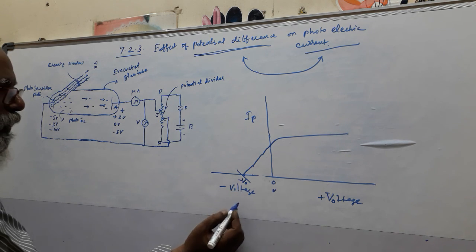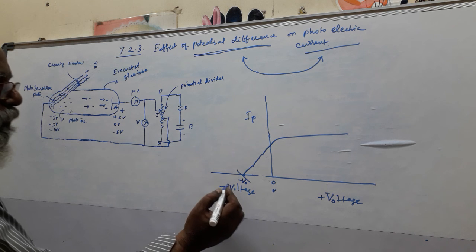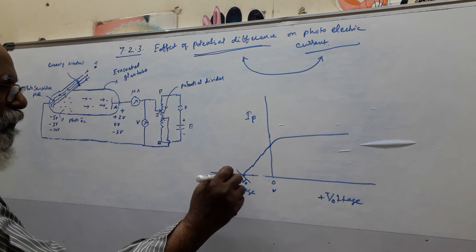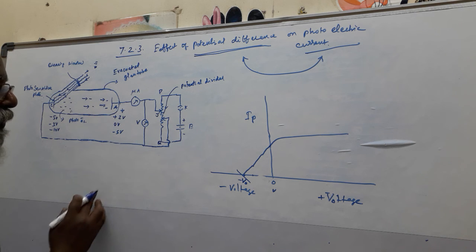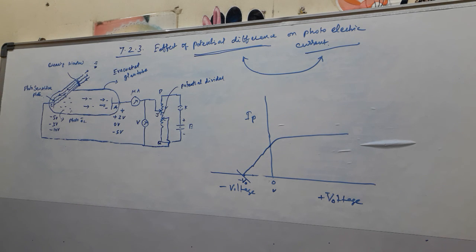That's why it is called the cutoff voltage. At this voltage, applied to the anode terminal, there is no current on the y-axis. There is no photoelectric emission.